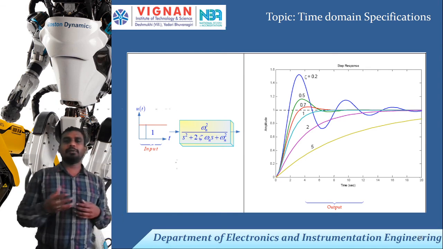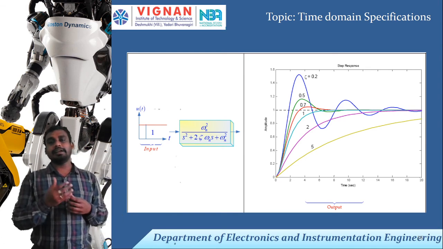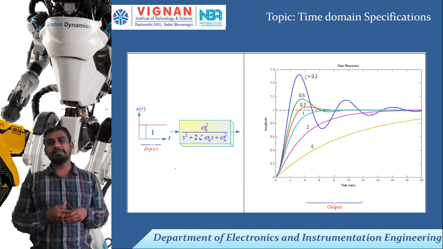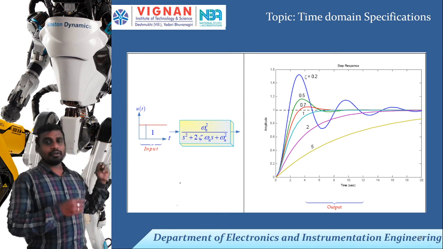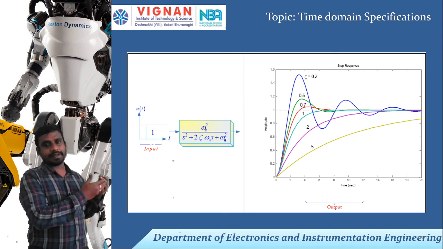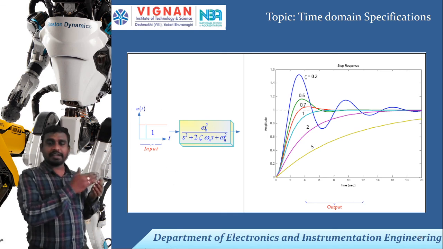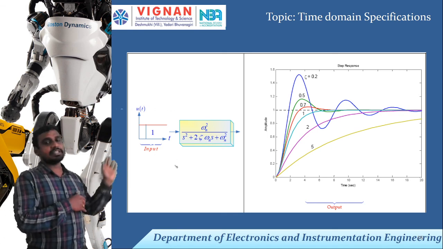So that's how we derive the expression for rise time, dead time, delay time, peak overshoot, and settling time. Right? If you observe the plot here, when the zeta value is varying, how the system response is varying, right? For the different values of zeta, the damping ratio, how the system is responding.